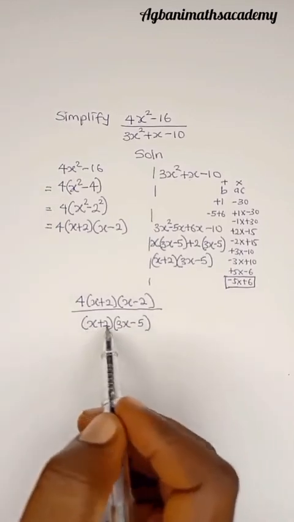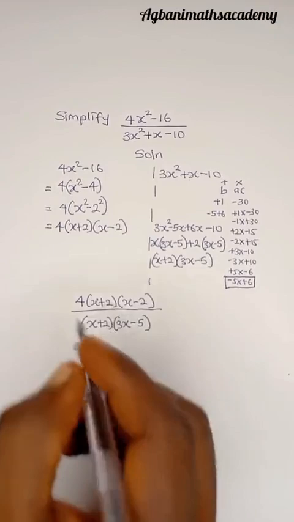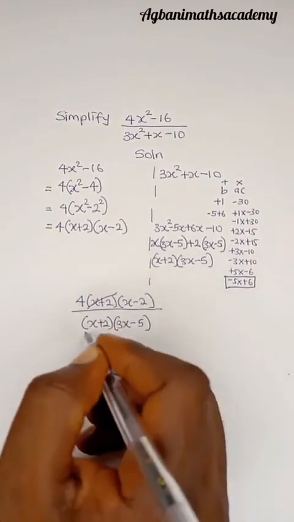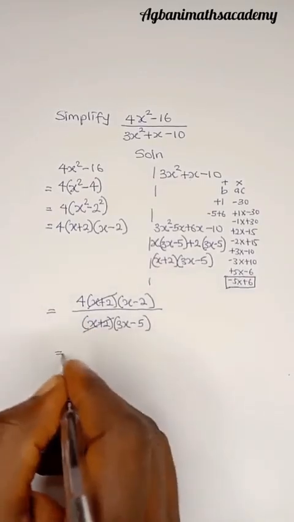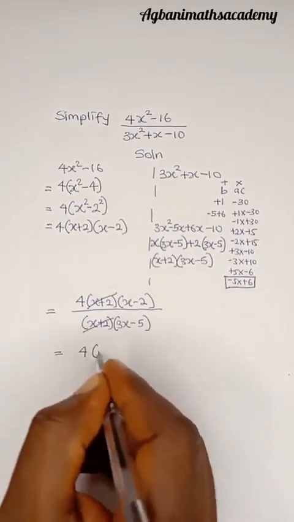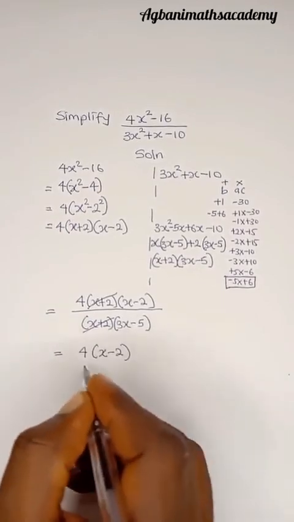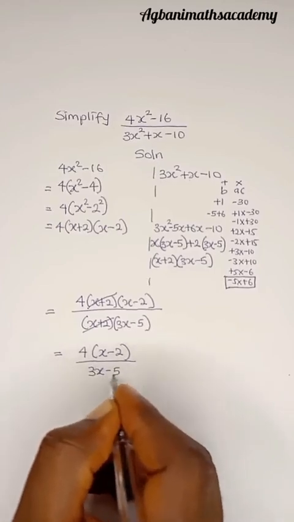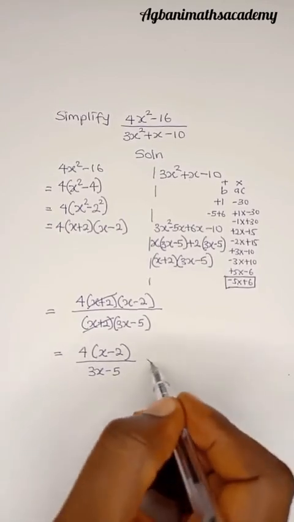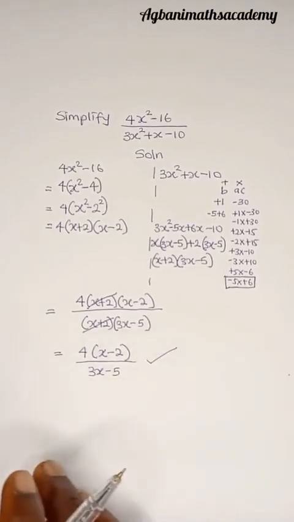Here we have x plus 2, and here we have x plus 2. So x plus 2 in the numerator will cancel out x plus 2 in the denominator. So our final answer will be 4 into x minus 2 all over 3x minus 5. This becomes the final answer in this problem.